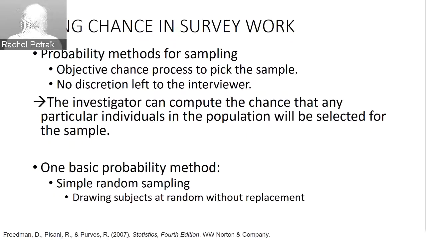We already know that there are specific rules that apply to a chance process or a random process. And so if we utilize a random process in our sampling, then we can use these very useful mathematical tools and statistical rules that apply to the chance process.